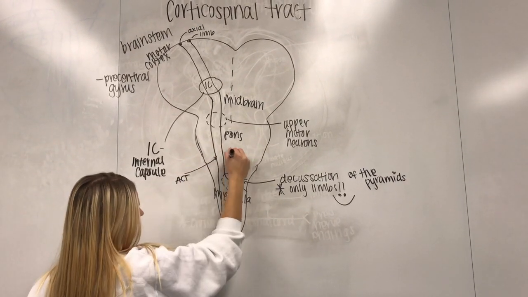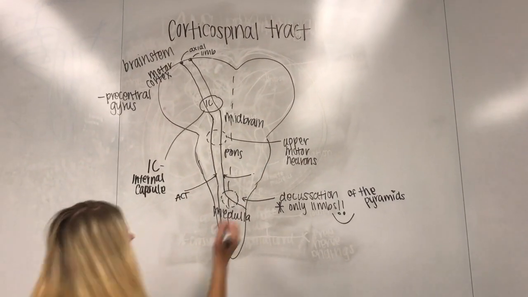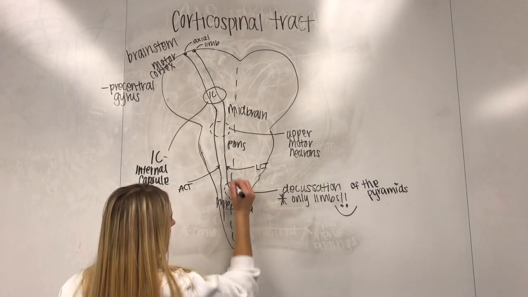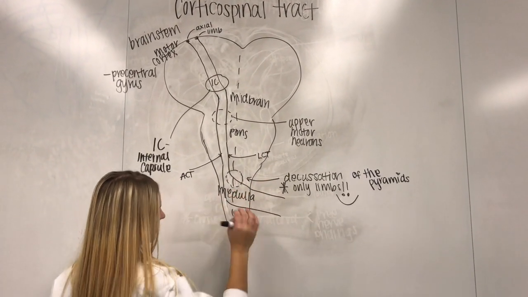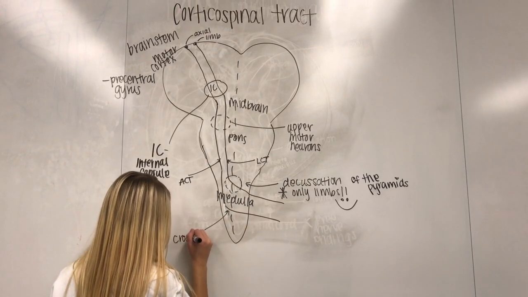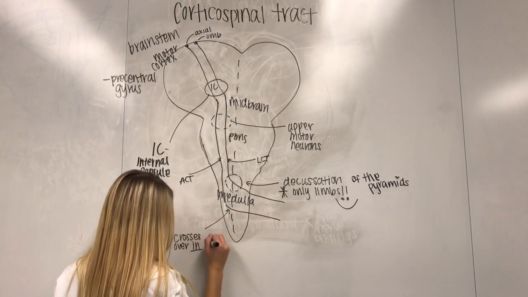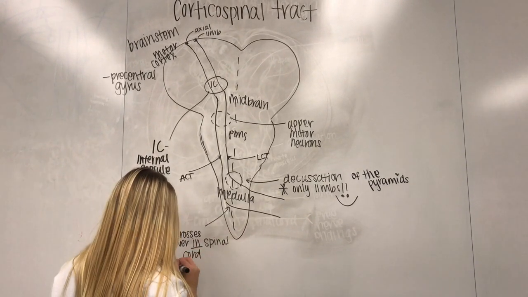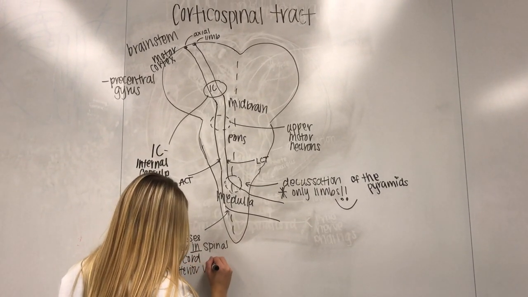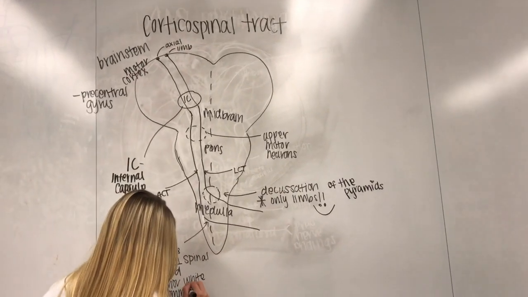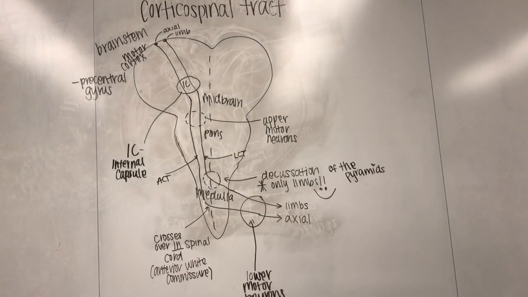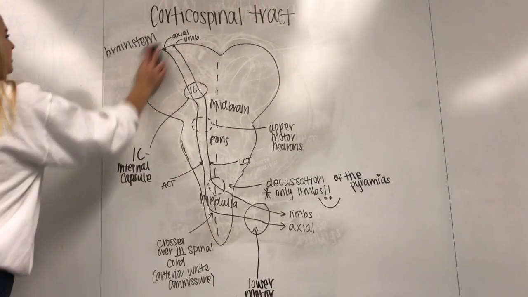So I'm just labeling each of them as the anterior corticospinal tract and the lateral corticospinal tract. The ACT, that's the axial one, and the LCT are the limbs. So the ACT crosses in the spinal cord, whereas the LCT crosses in the brainstem, like I just said, with the decussation of the pyramids.